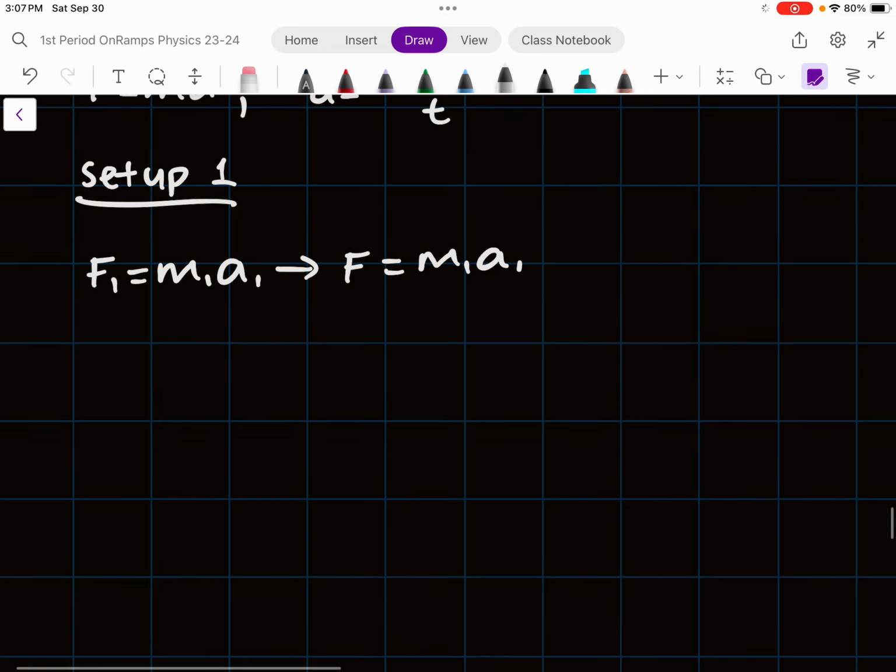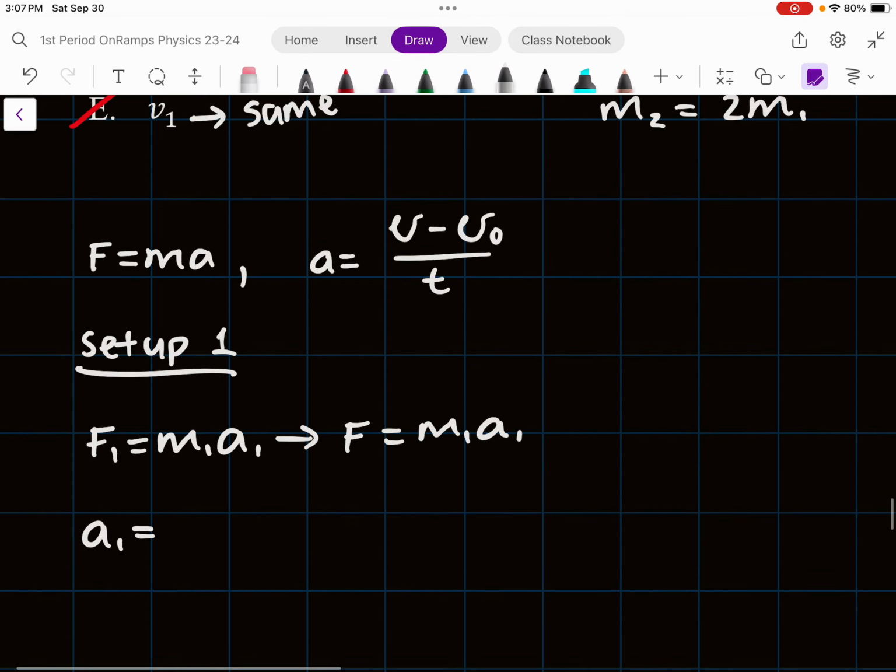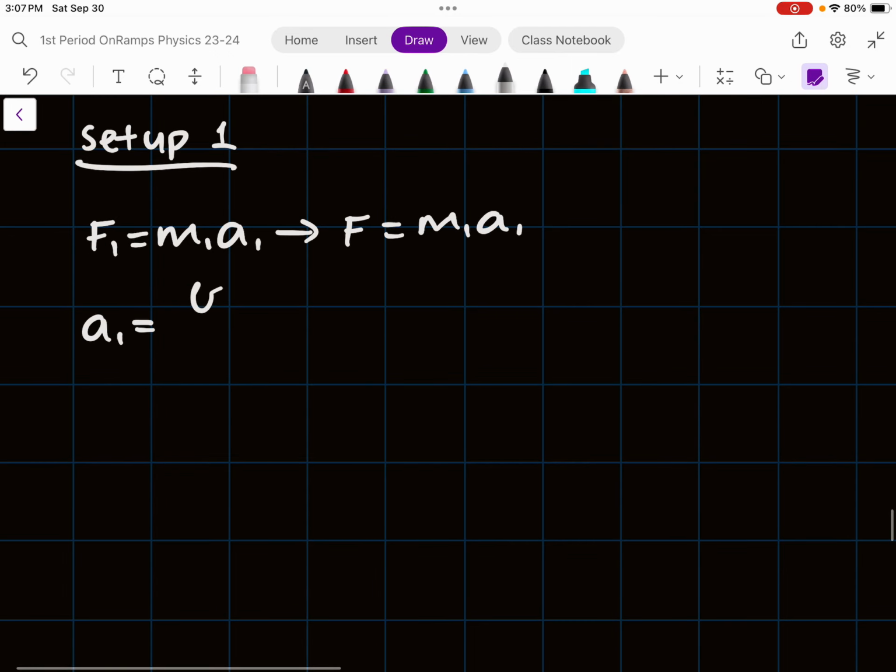Let's define acceleration 1. Acceleration 1 will be the final velocity, in this case v1, minus v initial divided by time. Time is the same, so just t.